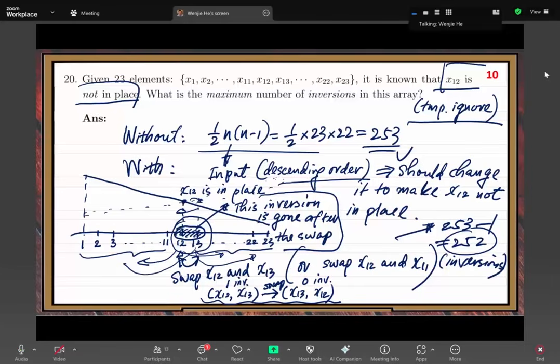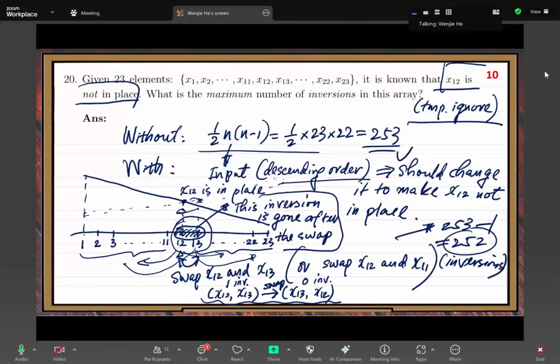It's not 2. Because the definition of inversion is on a pair. Two elements are involved in the definition of one inversion. So when you swap, you only change 1, not 2.